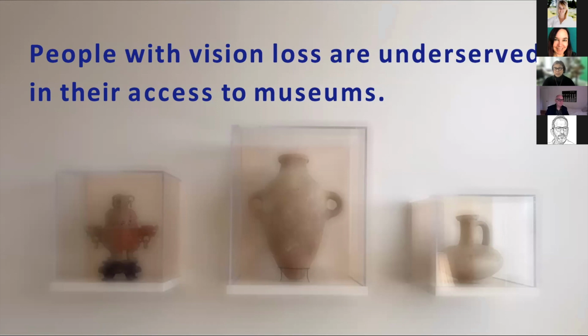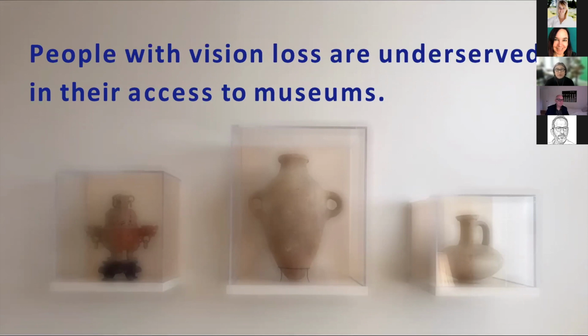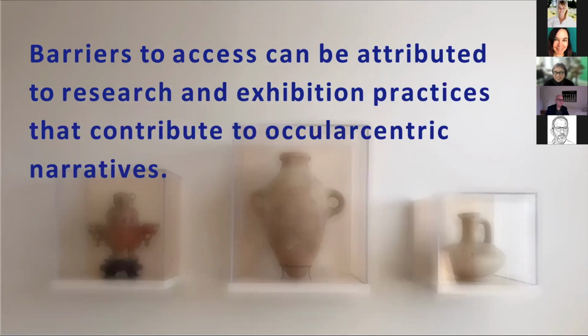Access not only includes access to the content, it also includes access to independent and impromptu visits to the museum, and content that considers other senses beyond vision in the exhibition narrative and the interpretation of these objects.